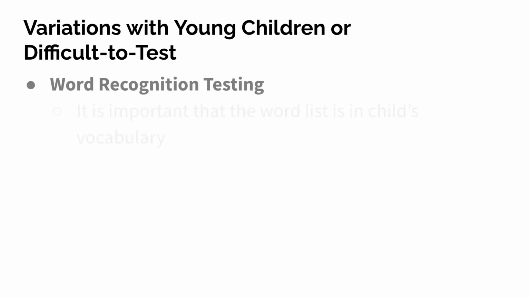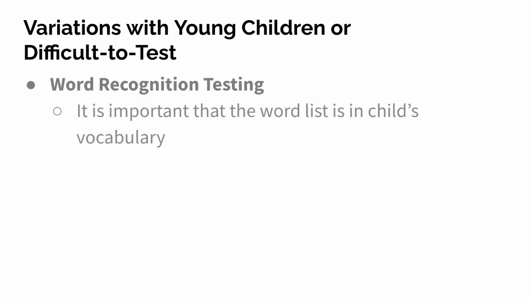For word recognition testing, usually you do this after you've gotten play audiometry and after you've gotten a speech recognition threshold. If it's a 5 to 6 year old, you can treat them like a little adult. Just do a PBK-50, the phonetically balanced kindergarten word lists, 50-word lists. They're just easier words, kind of like a W-22 or NU-6, but just easier.